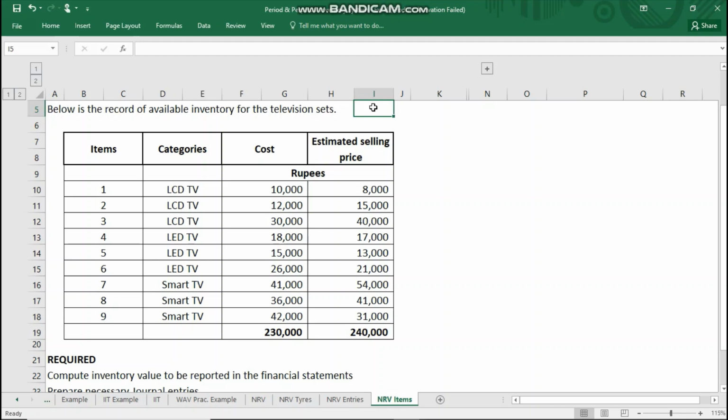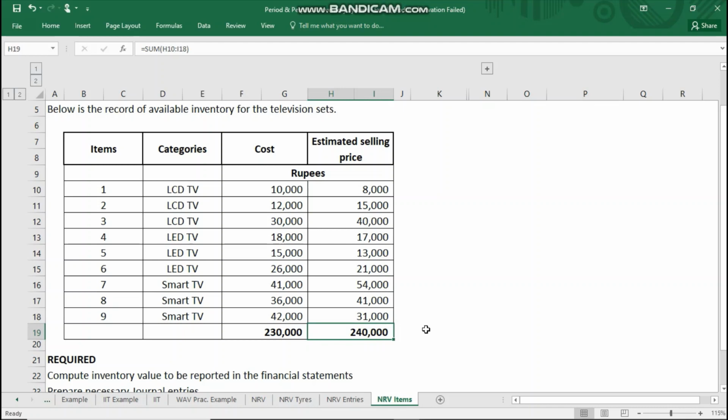So from this data, apparently it seems that the cost of the inventory, which is given here, is 230,000, and the estimated selling price, which we are assuming to be the net realizable value, is 240,000. So if we go by the definition, lower of cost and net realizable value, we see that cost is lower and net realizable value is higher, so we need to value the inventory at cost.